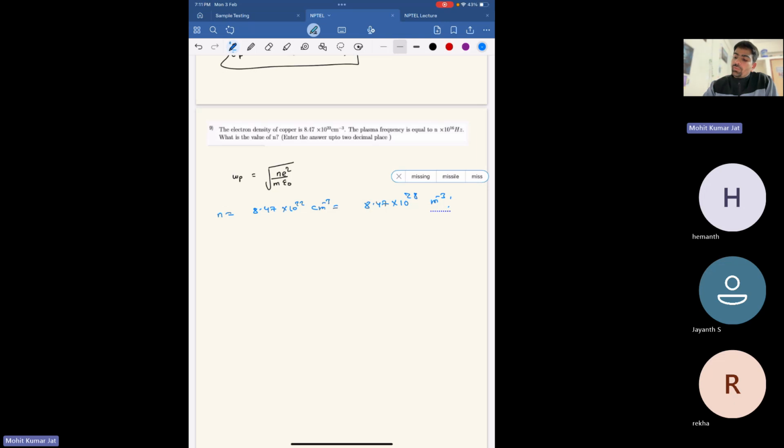And they are asking for the plasma frequency omega p. You all know the plasma frequency is derived by taking an oscillating electric field with frequency omega and substituting it into the standard Maxwell equations, and then you determine the dielectric constant.